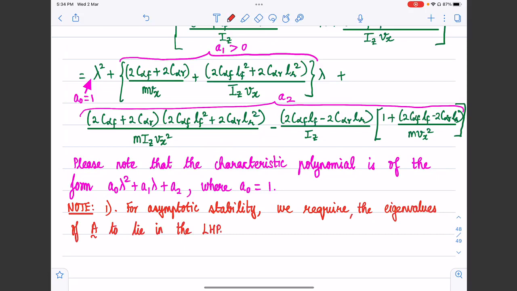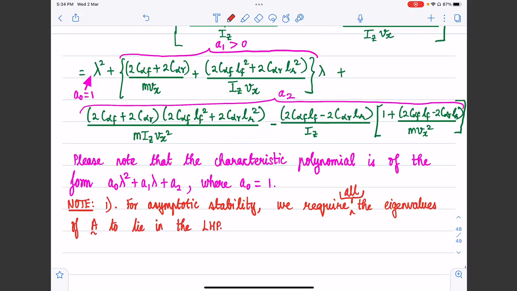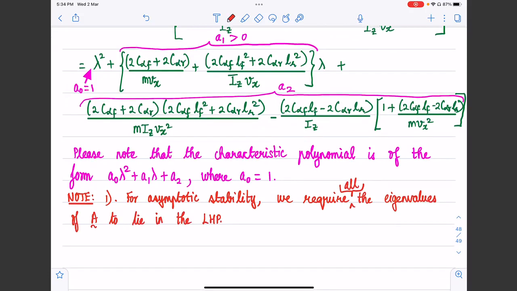Let me be redundant: for asymptotic stability of the system, we require all the eigenvalues of the state matrix to lie in the left of the complex plane. This is something which we have already learned.